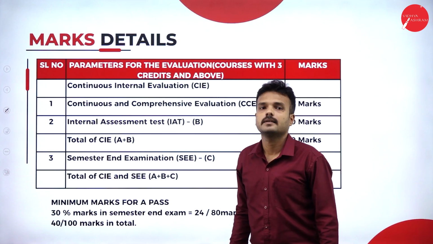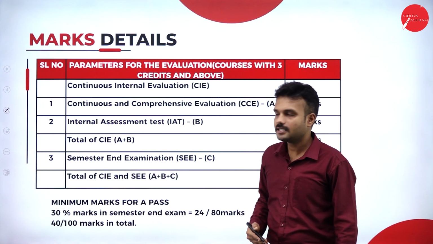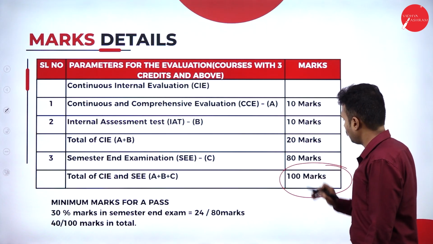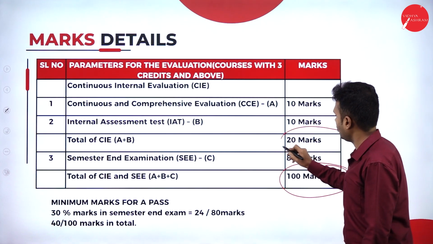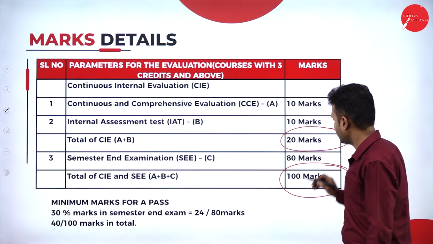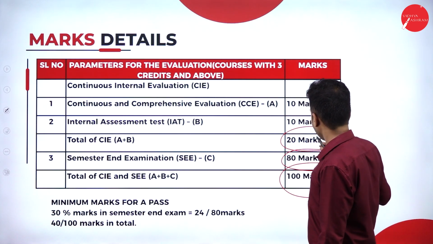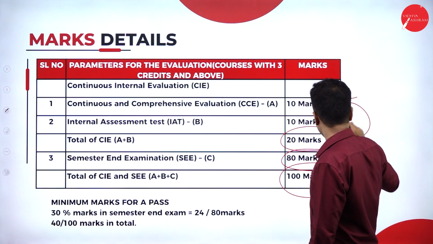Moving forward, these are the marks details under the SEP syllabus. This paper is for 100 marks, for which you will have 20 marks for the internals and 80 marks for the externals. This 20 marks is divided into two categories.